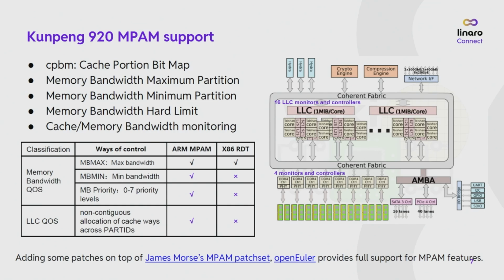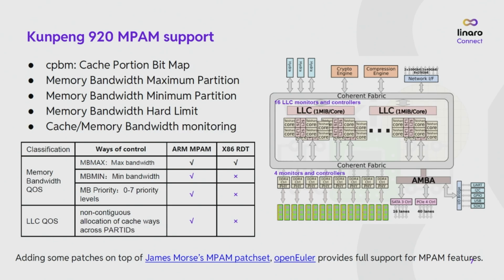With the 920, we have about 16 cores per node. For the last level cache, we have 16 last level cache monitors and controllers for the MPAM. And for each memory controller and DRAM controller, we have 4 monitors and controllers.